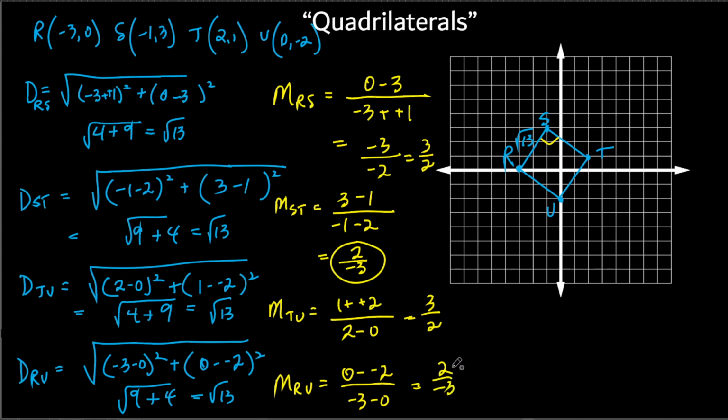That's negative 2/3. Just like that is. And there we go. So we have right angles all over the place. Well, it wasn't obvious. I mean, it kind of looked like it was, and we had an idea that it probably was a square, but now we actually proved it. We showed exactly that that is definitely a square.